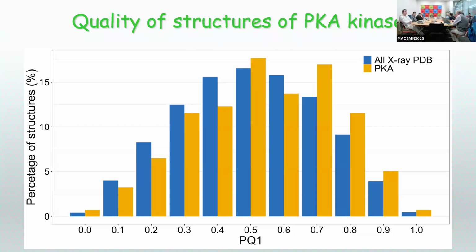And as you can see here, in this graph, for the very poor values of PQ1, clearly these structures are better than average for all the structures in the PDB. And for the best ones, they are also better. So there are more of the high PQ1s than the average and fewer low PQ1s than average. So in this particular case, we can really trust the PDB much more because the average quality of these structures is definitely better.